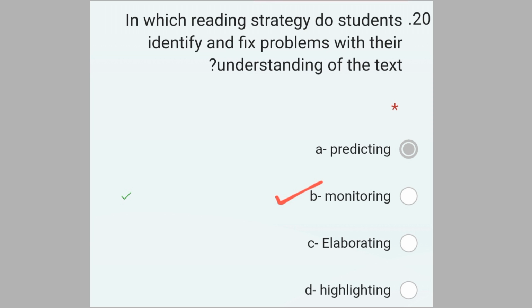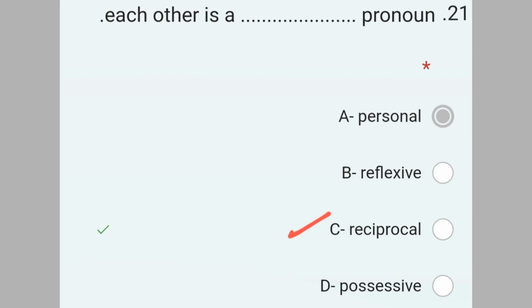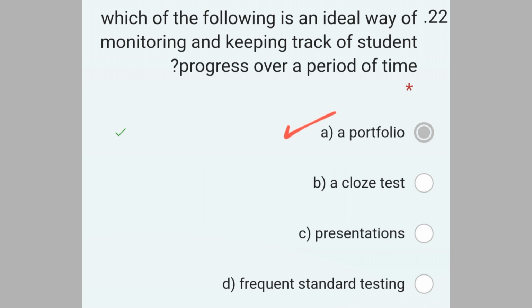20. In which reading strategy do students identify and fix problems with their understanding of the text? A. Predicting. B. Monitoring. C. Elaborating. D. Highlighting. 21. "Each other" is a pronoun. A. Personal. B. Reflexive. C. Reciprocal. D. Possessive. 22.